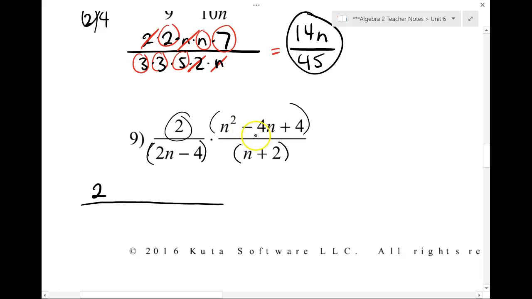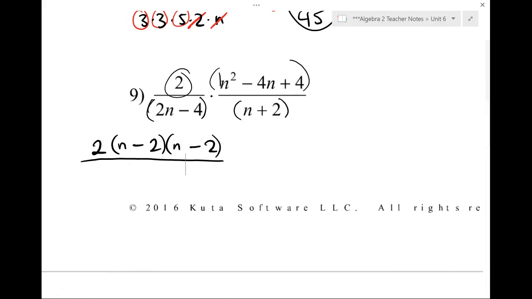Now to break down this trinomial, we're going to have to factor it by doing reverse foiling. I know if I have 1 here as my leading term, then my first terms are just n. And then I say, what numbers multiply to positive 4 but add up to negative 4? Well, I know 2 and 2 would work, and I would need those to be negative and negative.